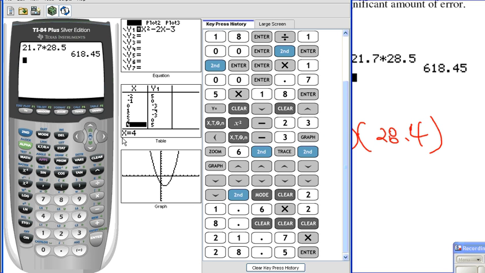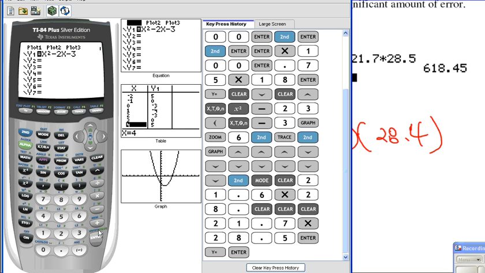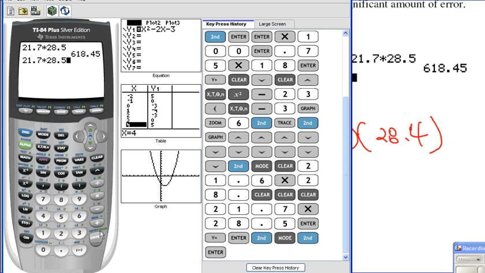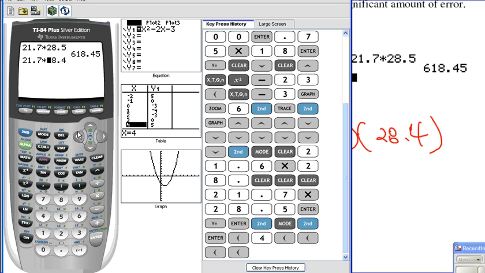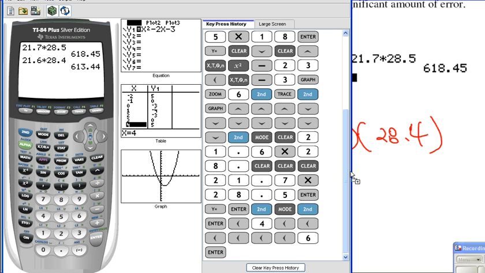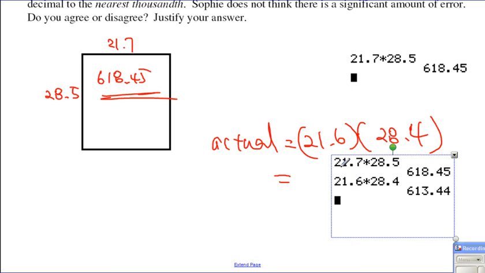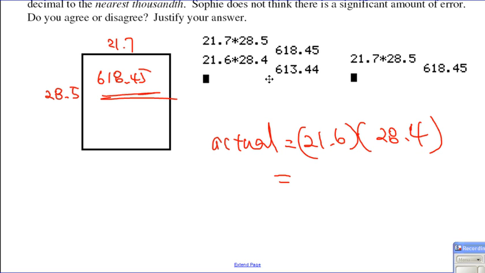So once you calculate this one, this one must be 4, and this one must be 6. Now what's going to happen? Aha, it's a little bit different. Here we have 613.44.